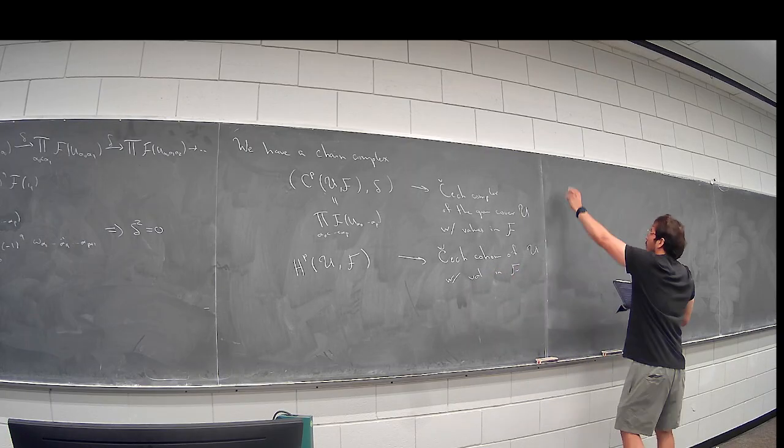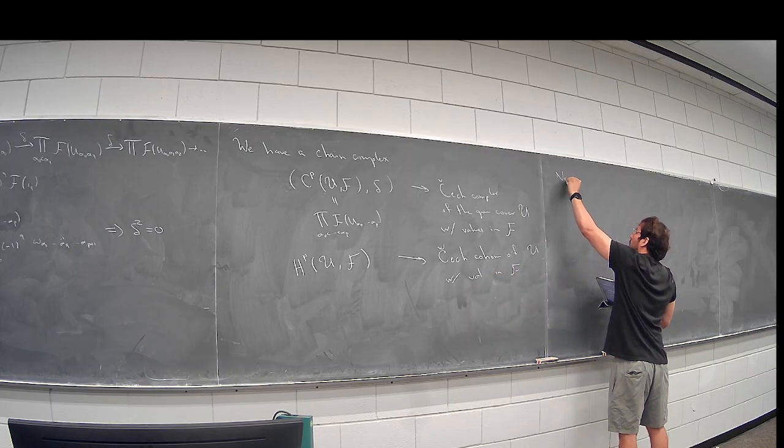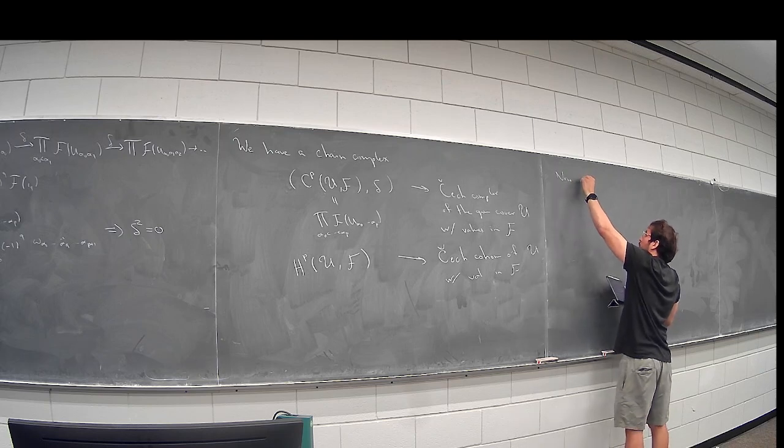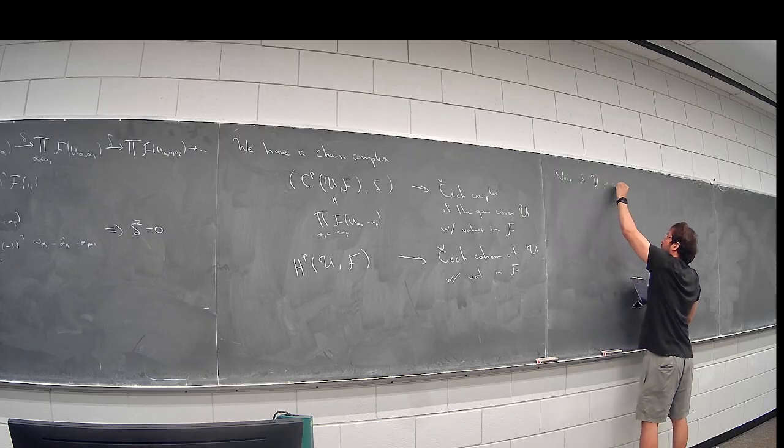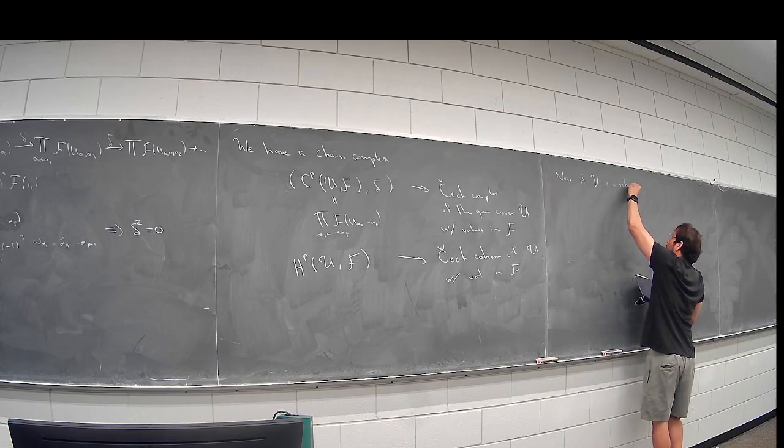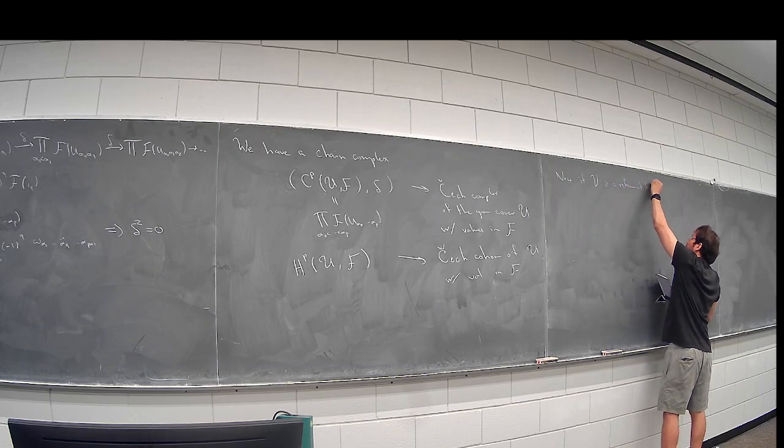Okay. Now, if V is a refinement of U, what does this mean?